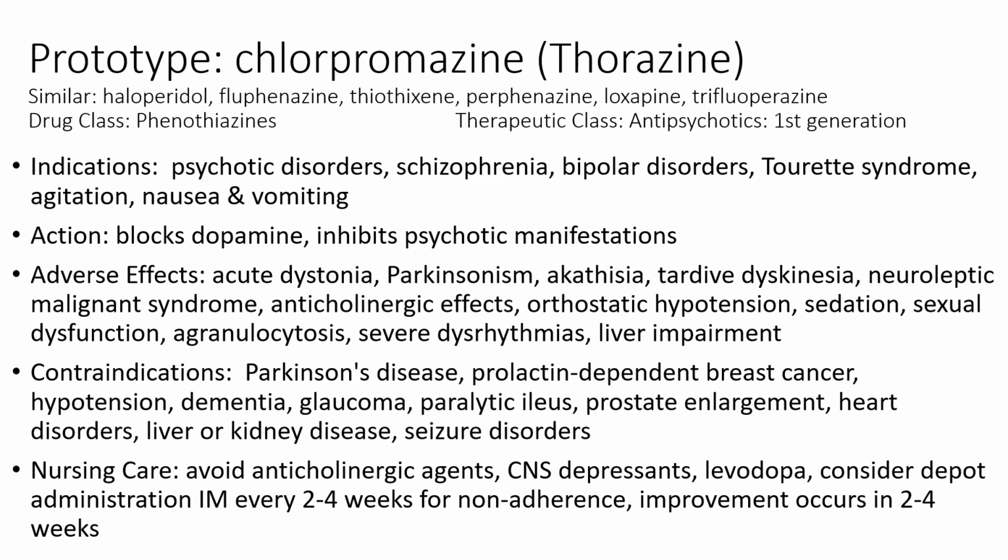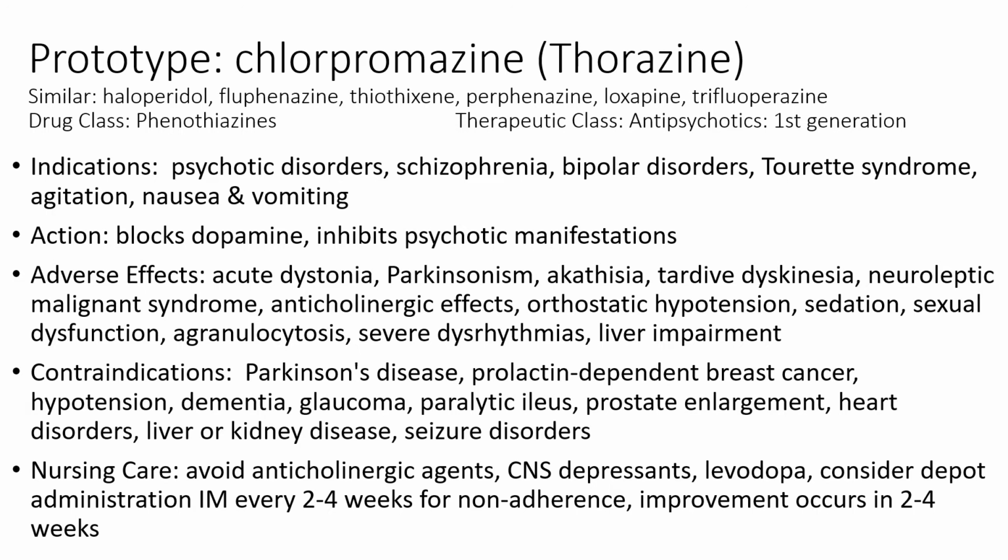Because you're blocking even the remaining dopamine receptors they have left. But even in patients that don't have Parkinson's, they tend to get Parkinson's-like symptoms. So they can get a tremor, they can get muscle rigidity, they can get a shuffling gait. Those are all symptoms of Parkinson's disease. Okay?